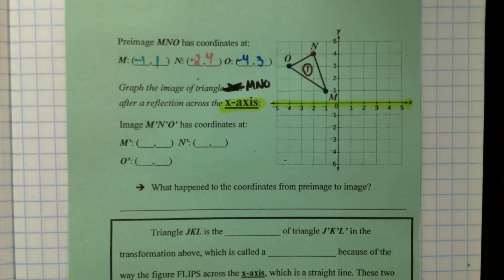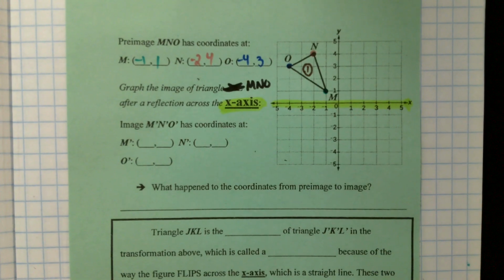So what that axis here represents is my mirror line. Okay? So imagine this little triangle is you, okay? And then you're looking into this mirror.